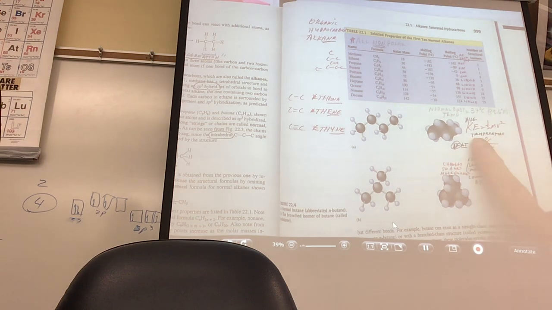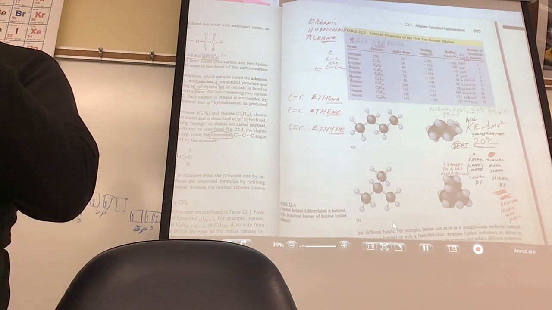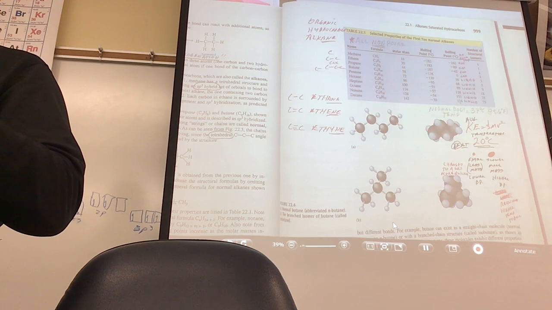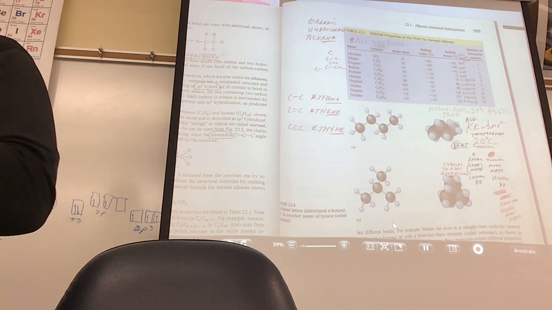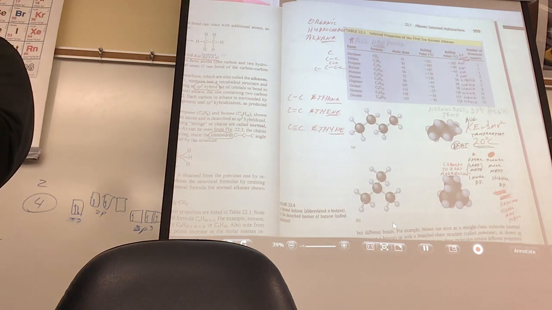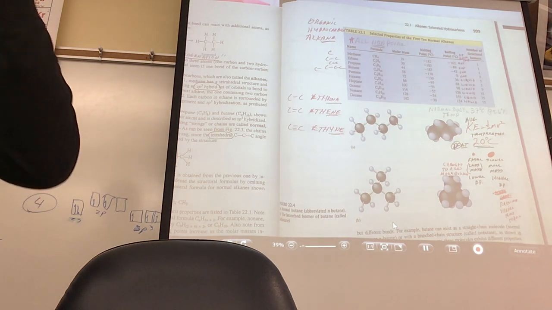Did I talk about this yet in physics, the kinetic energy equation? Have we talked about that at all? There was a little bit of that last chapter. Why is it that really big molecules, why do you have to heat them more to get them to turn to a gas? Why are their boiling points so much higher? Little molecules, you can put a little bit of heat on them, and they like to boil away.